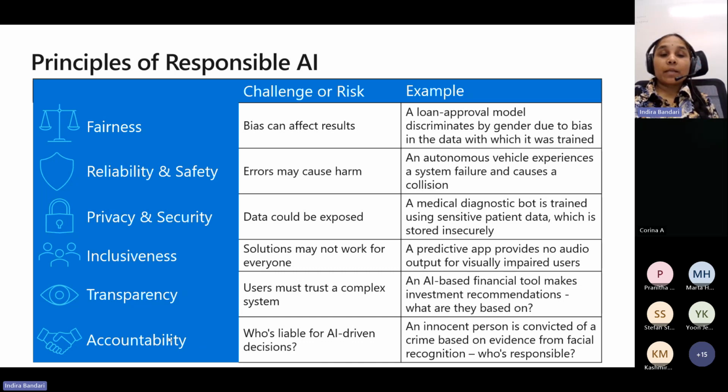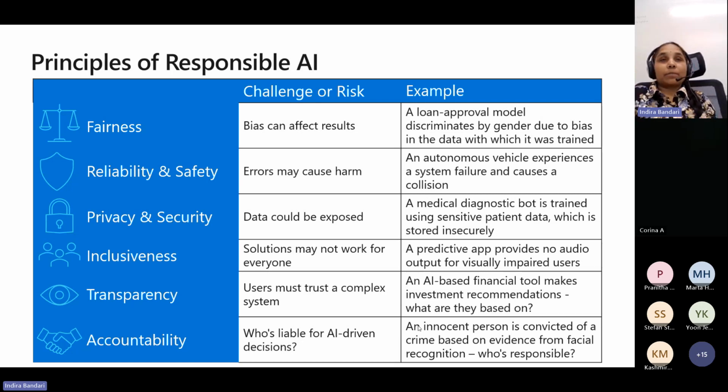And the last principle is accountability. Who is liable if AI-driven decisions fail? Who is responsible? Who is accountable? You need to define the accountability for the AI app as well.